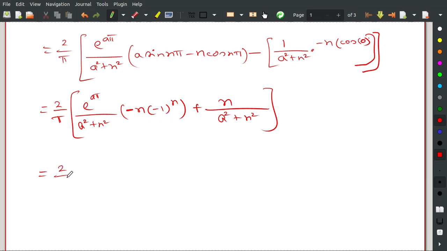Therefore we have 2 by pi, n divided by a square plus n square, times e power a pi and minus of minus 1 whole power n. Here we have minus, and this minus of 1, plus this 1.